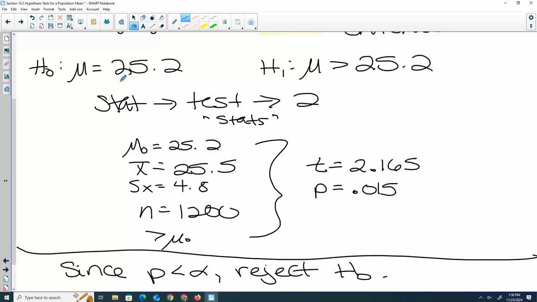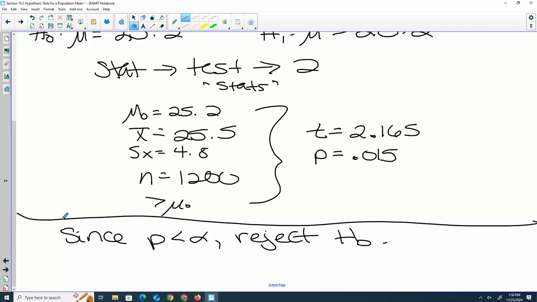So is there a big difference between 25.2 years old and 25.5 years old? No, you're still 25. So sometimes we may get that we reject the null, but it doesn't always mean it's some huge result. In this case, it's not practically significant. It's the same age. I'm not going to ever ask you that, I just really wanted you to know if you ever heard that term.